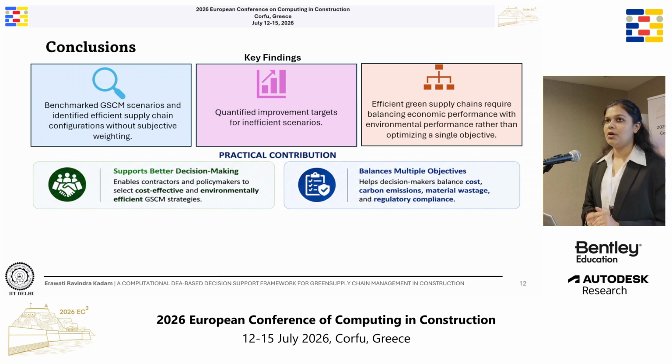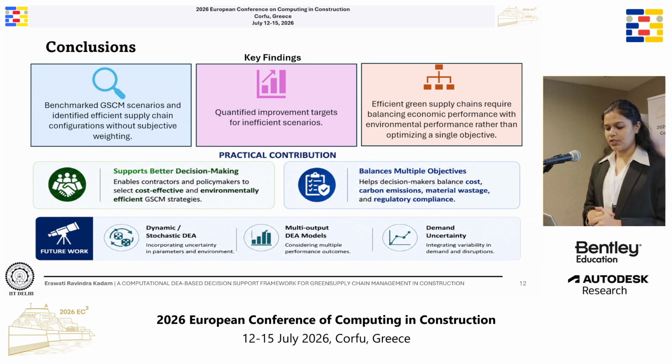Policymakers, contractors, or whoever is responsible for the planning of all the resources, specifically the material, can use this. And also those who want to start green supply chain management in their domain or for their projects can use this and get to know which strategy is working best for them.